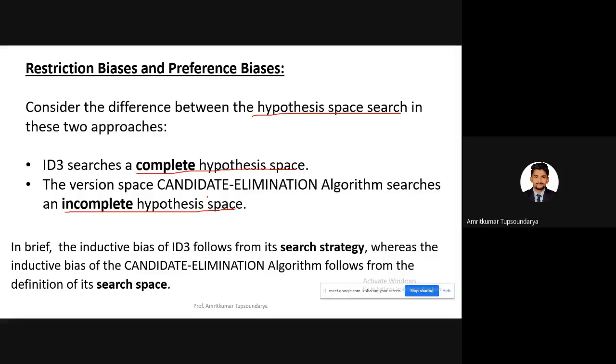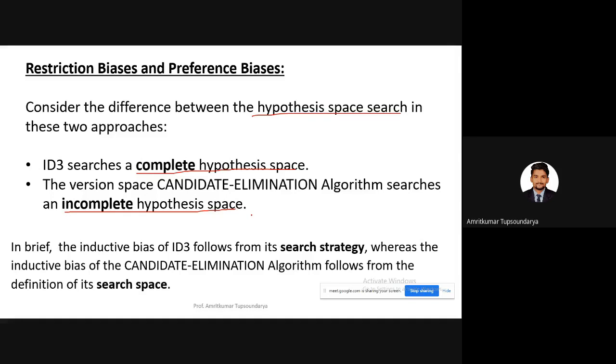Now, the search strategy and the search space, what is the difference? In the candidate elimination algorithm, we made use of the version space, so the method used there was the search space. But in ID3, we make use of the search strategy, which searches the whole decision tree. If you remember, we discussed the various aspects of searching the decision tree.